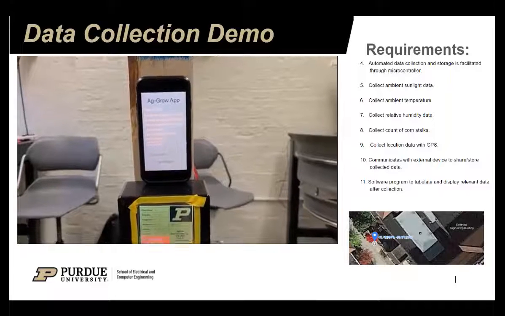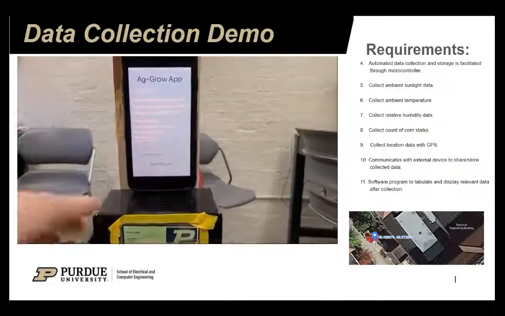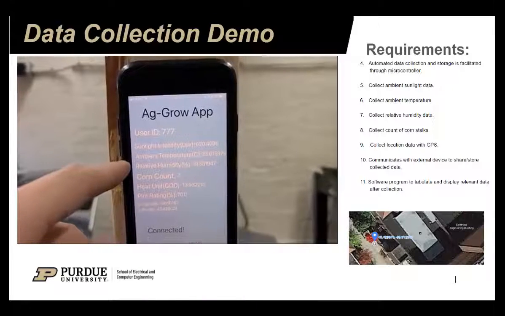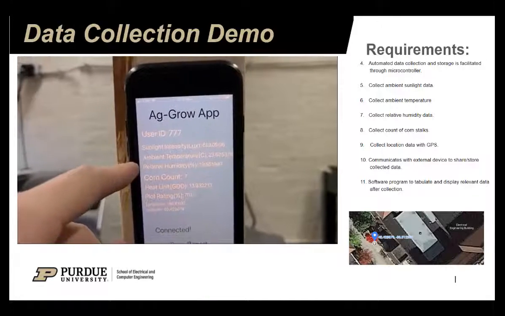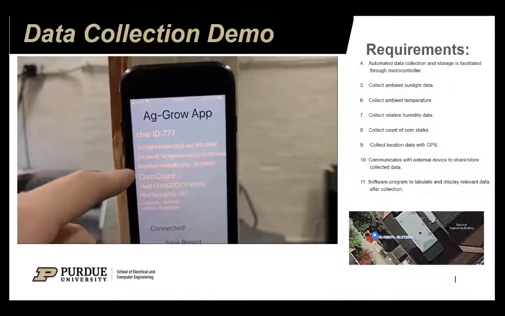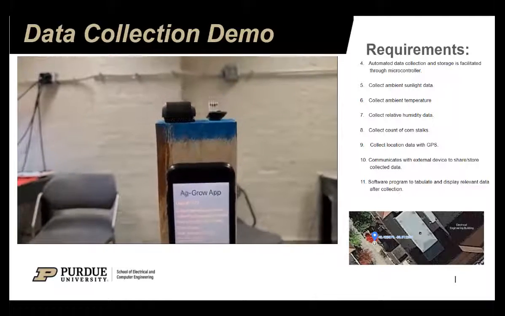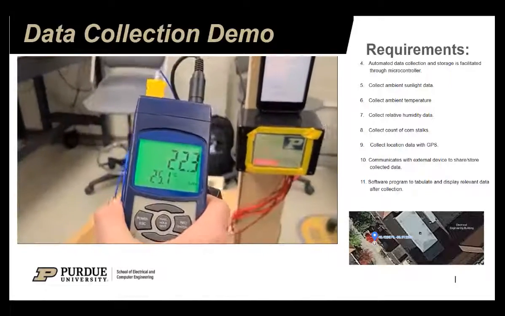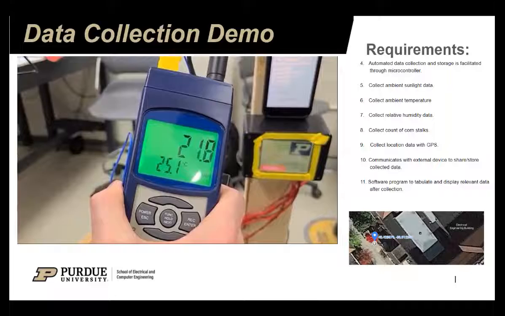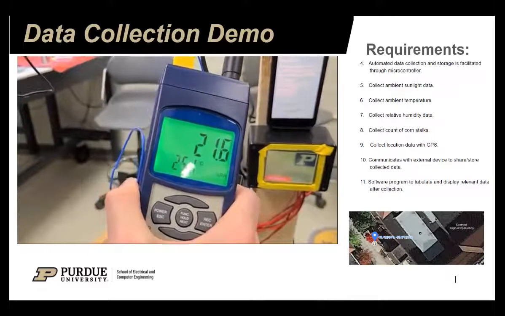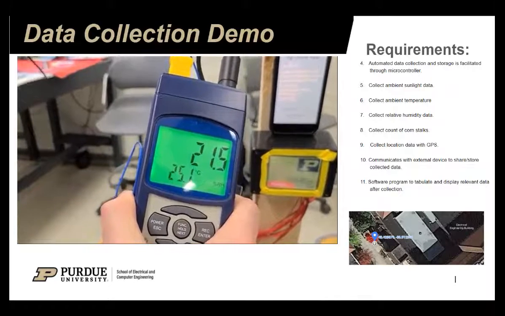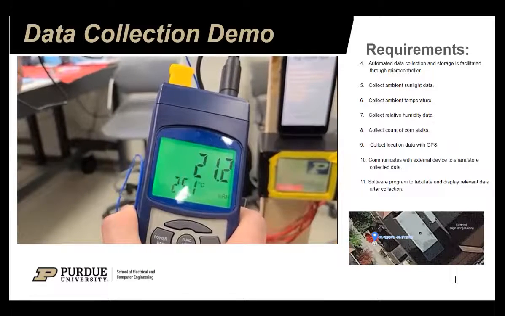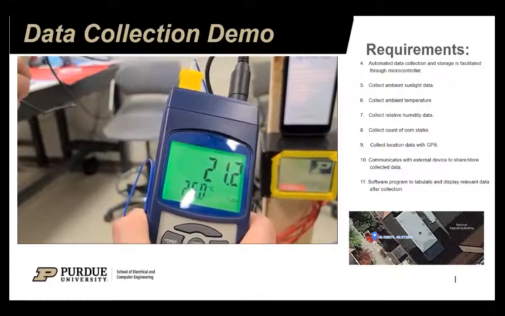Now we'll have an observation of the accuracy of our sensors. Our ambient temperature here is 23.68 degrees, and our relative humidity is around 20%. As you can see here, the relative humidity and temperature from this calibrated relative humidity and ambient temperature sensor are fairly close to the values reported on the touchscreen LCD.